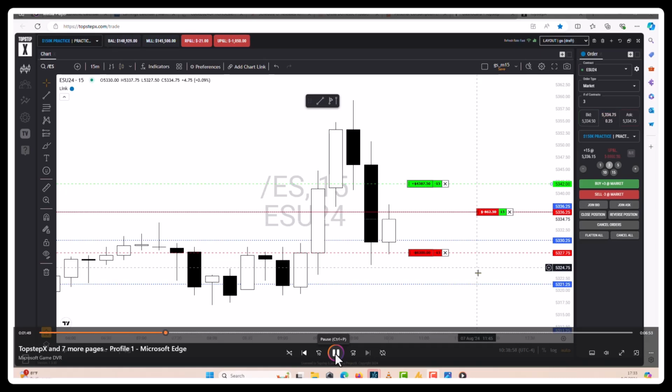So it didn't go away. Let's see. Yeah, because this one pulled back a little bit, and it went over the stop loss limit. It got kicked out.